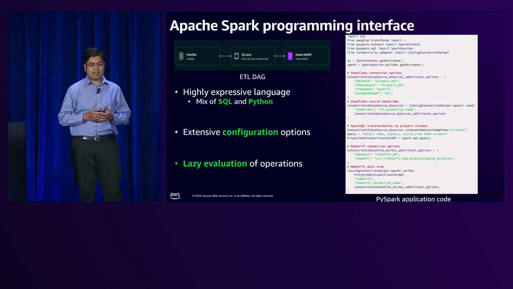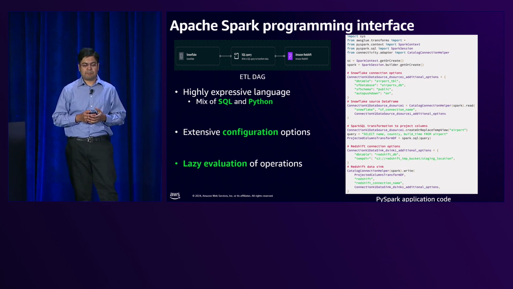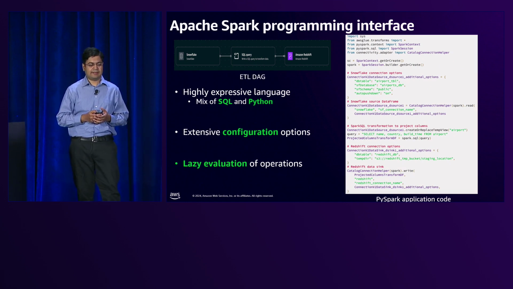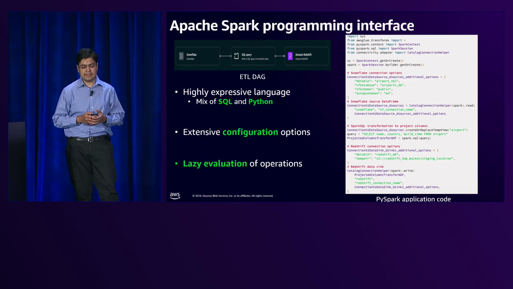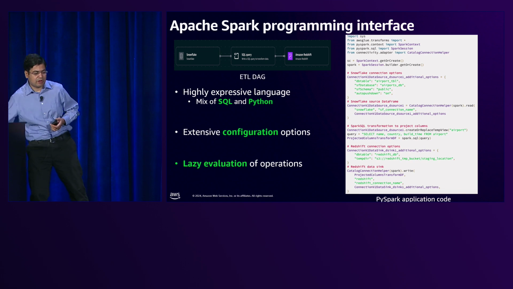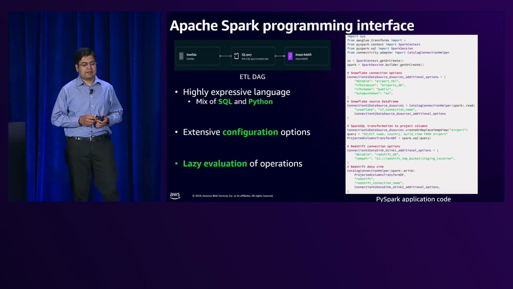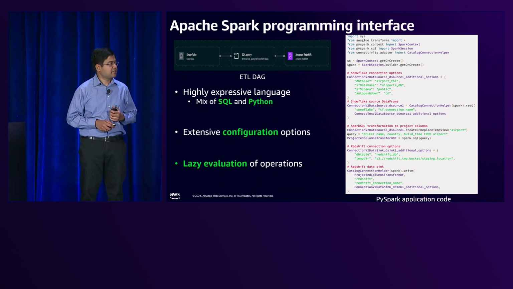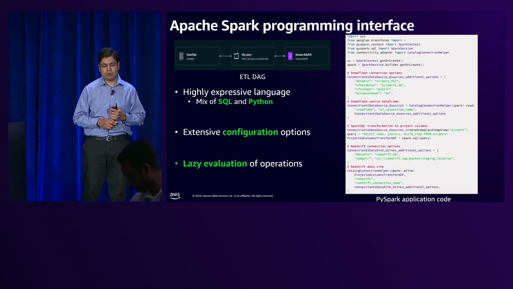The second powerful capability of Spark is its programming interface. Let's look at a simple ETL DAG where a user wants to read a table from Snowflake and then apply some projections over it using a SQL transform and then write the data into Amazon Redshift. So this is the DAG, and it gets converted into PySpark code, which is about 25 lines of code.